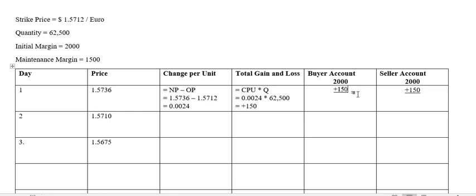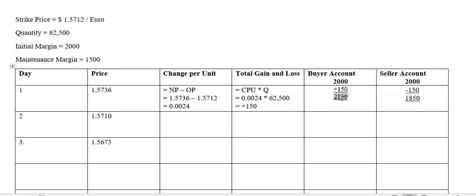So if 150 is added to 2000, it becomes $2,150, and 2000 minus 150 will become 1850. I will make it bold.